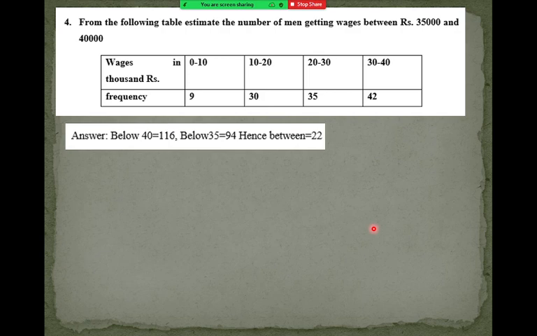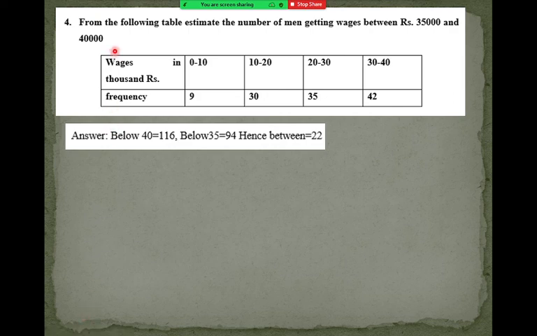So this is the last question for today. But remember, the question is a little different. This type of question sometimes comes in the exam. Actually, this question is repeated 2-3 times in your old question papers. There is a small difference where many students are not able to think.